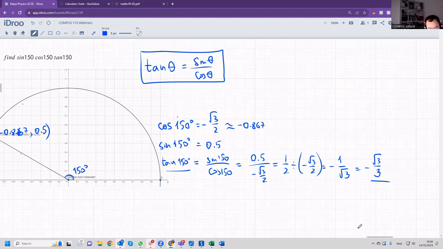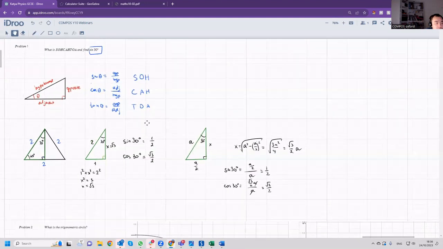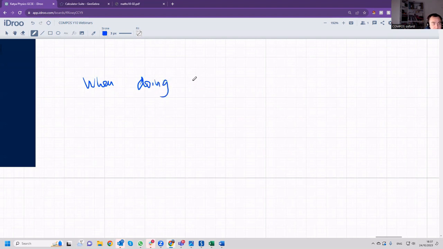Now, in our assignment, we will ask you to find the exact values. Just to give you a little hint, when doing the assignment, first make a table.